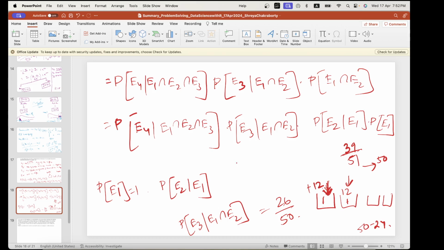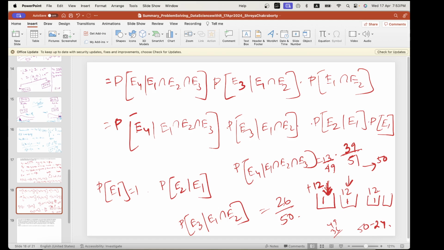Okay. And then probability of E4 given E1 intersection E2 intersection E3 will be again 12 more, so from 49 we get 49 minus 36, that is 13. And then if we plug in the values, we are going to get the required probability.